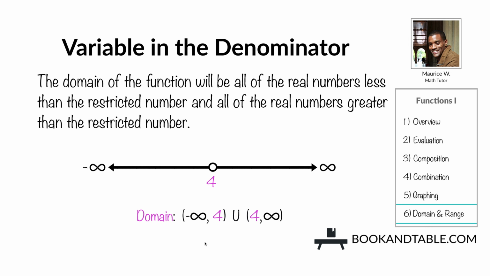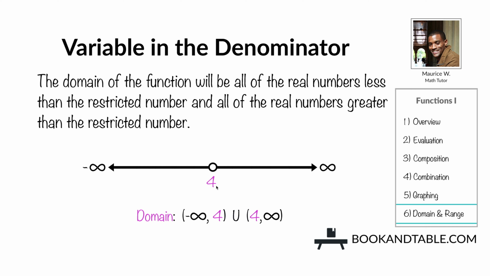The domain of the function will be all real numbers less than the restricted number, and all of the real numbers greater than the restricted number. So in our case, where x cannot equal 4, it is all the numbers from -infinity up to 4, but not including 4. So the first interval would be from -infinity as the first entry, and +4 as the second entry.